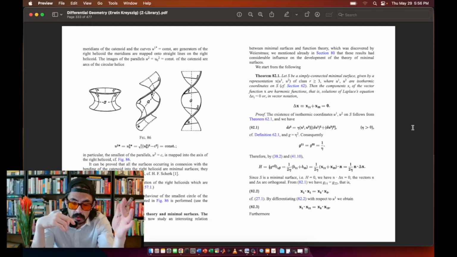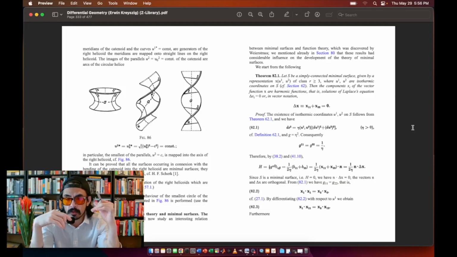And then it turns out this is equal to 1 over 2 nu times vector n scalar product with del of x. We have a Laplacian of x. It's like second derivative in the x direction plus second derivative in the y direction. So we don't take a derivative in x, then a derivative in y.